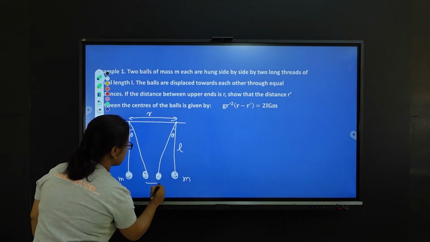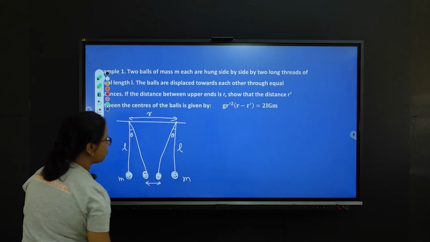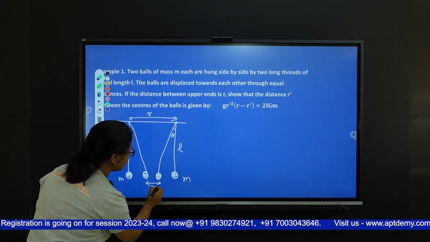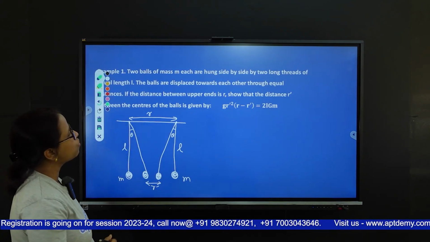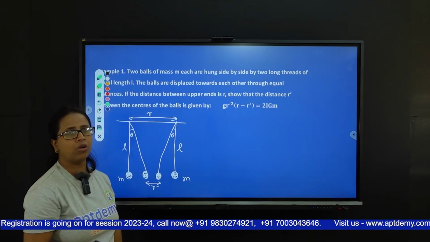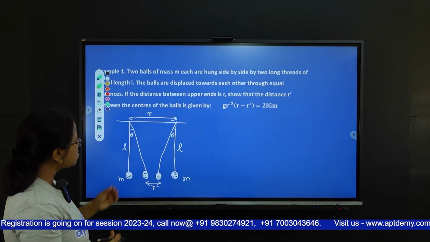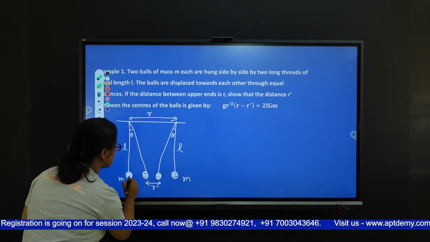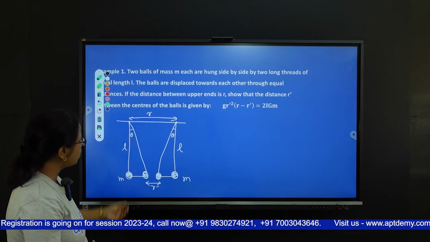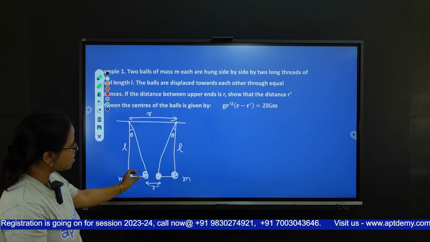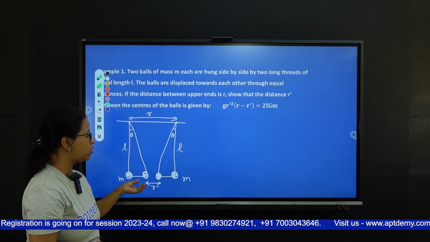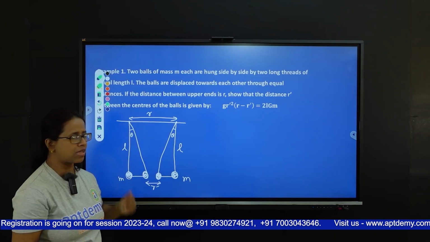And suppose after that the separation between the two centers is given by little r dash. Now we need to find an expression for r dash in terms of this particular equation. Now let us analyze the forces which are acting on the balls. Let us consider one ball. Whatever is happening for a single one will also be the same for the second.